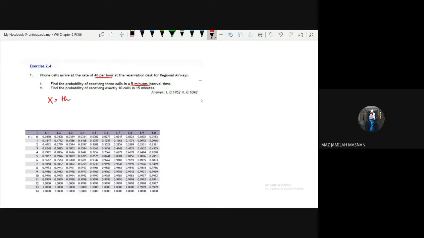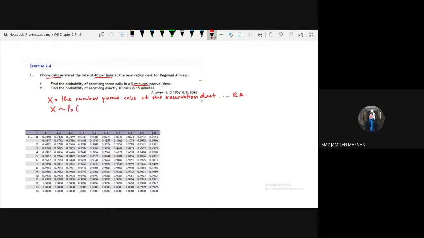X will be the number of phone calls at the reservation desk for regional airways. Okay, then definitely looking at the interval, we know that this is following Poisson.